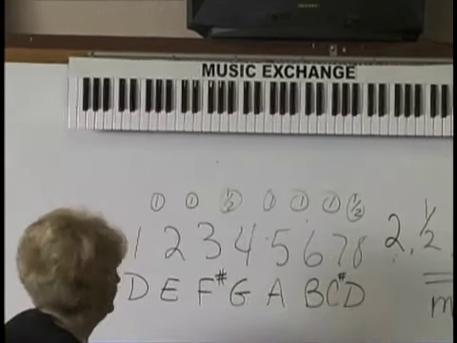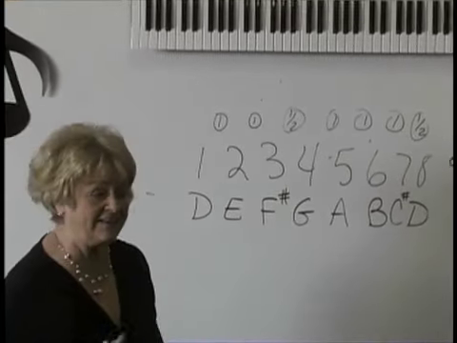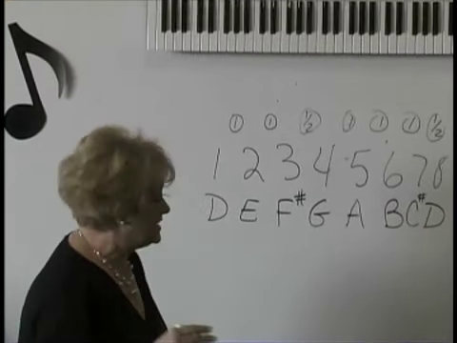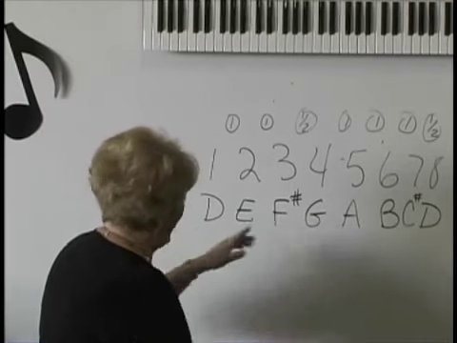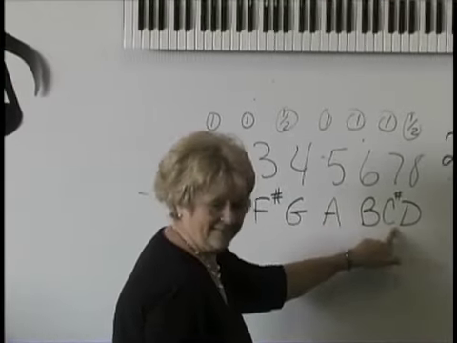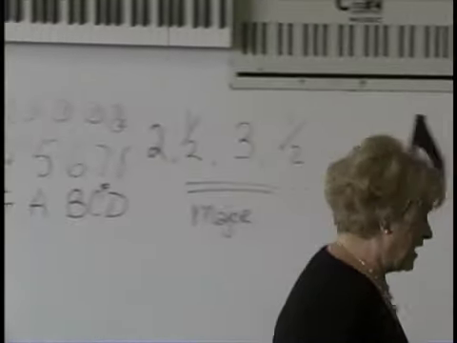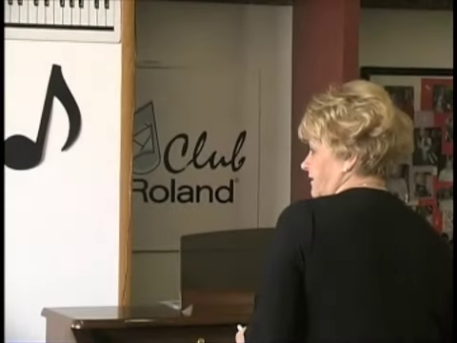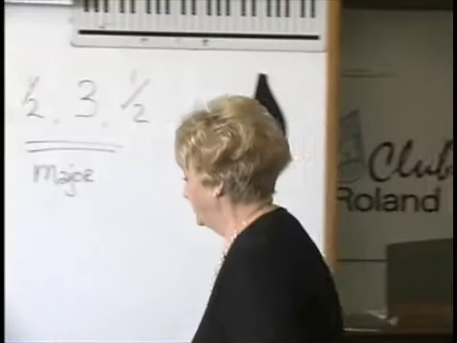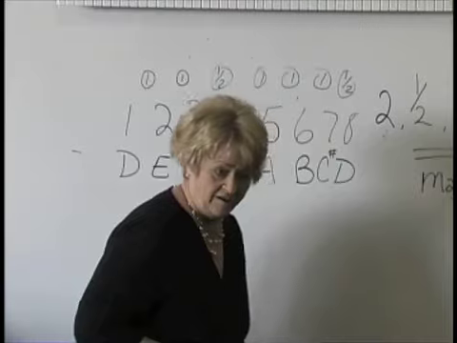So look, that's why the D scale has 2 sharps. To fit the pattern, I had to sharp this note and this note. So now when I play it, now it sounds good. Okay, are you following me so far?